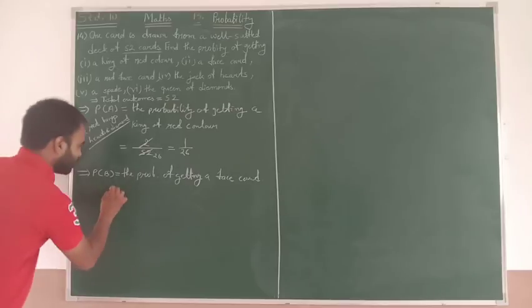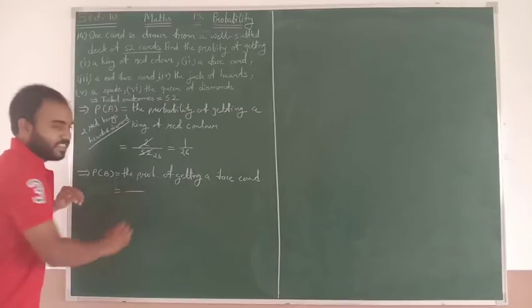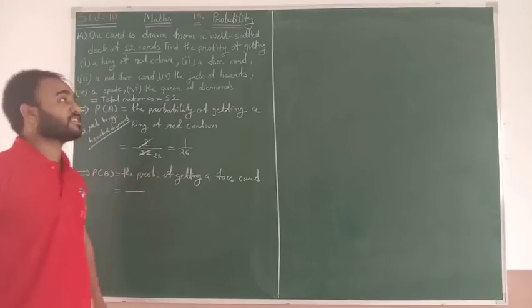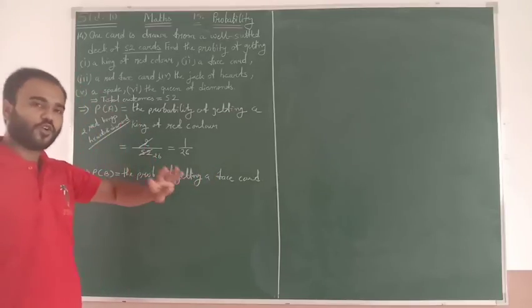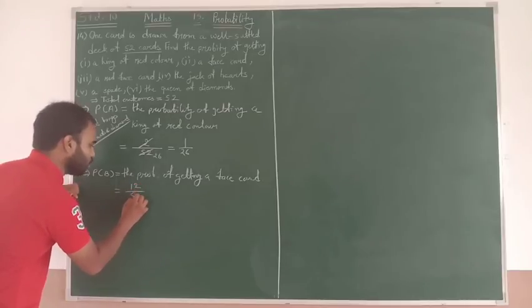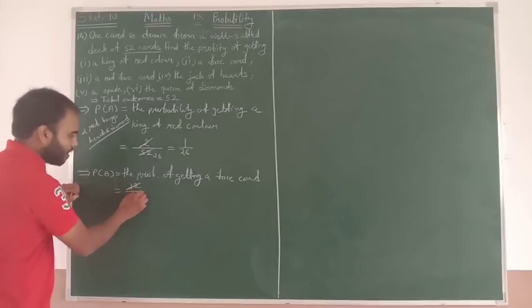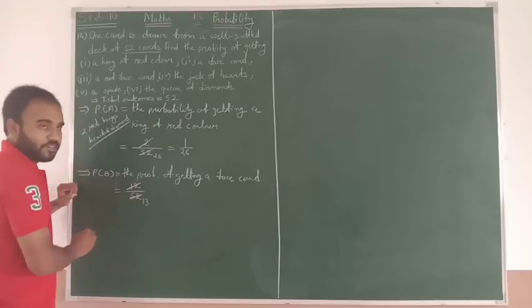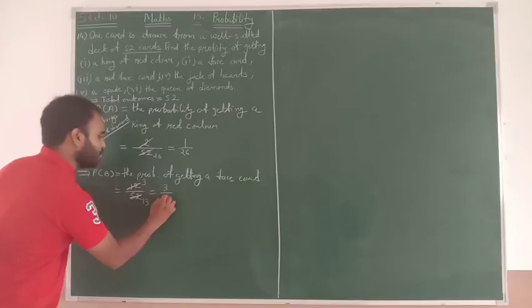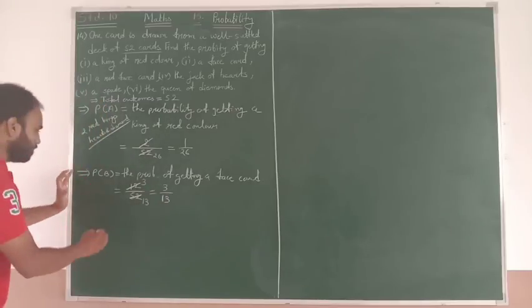As we have talked earlier in this question, there are a total of 12 face cards: 4 jacks, 4 queens and 4 kings. So 12 by 52, both can be divisible by 4. 13 4s are 52, 4 3s are 12. So the answer will be 3 by 13.